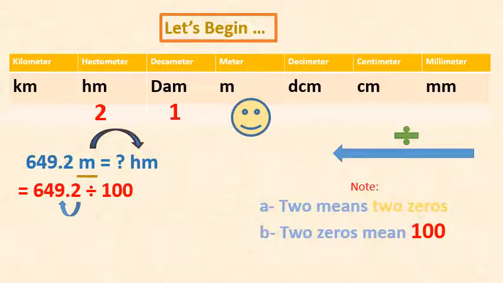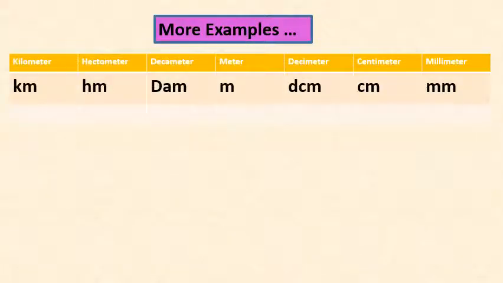So 1 place, 2 places, so the number is going to become 6.492 hectometers.